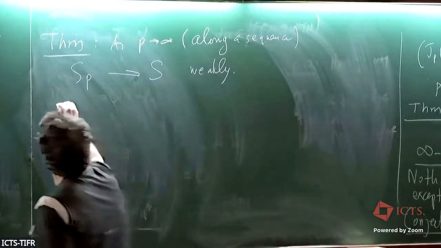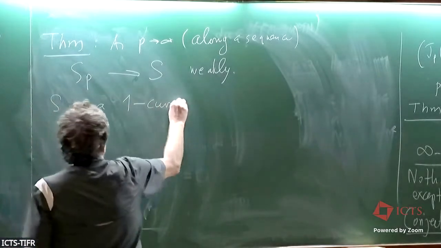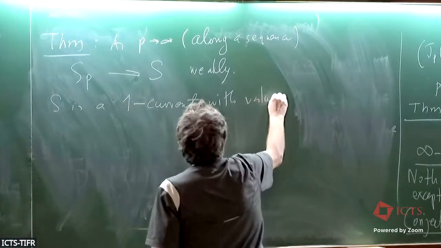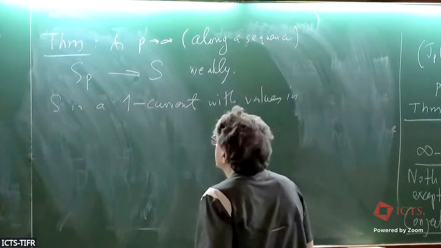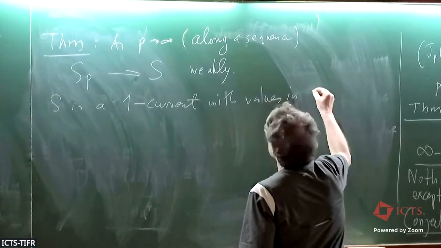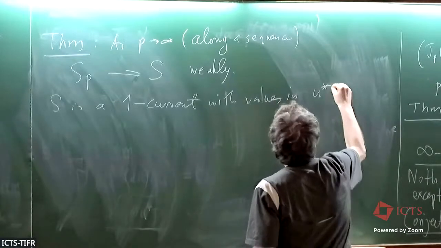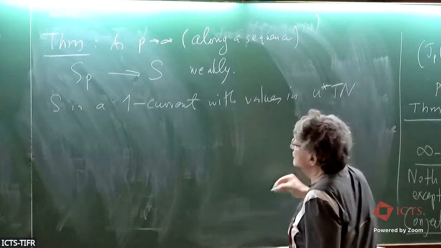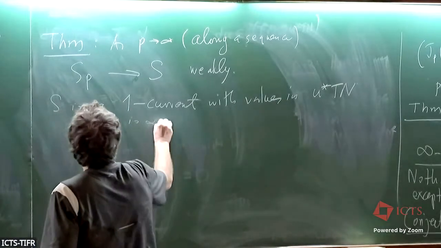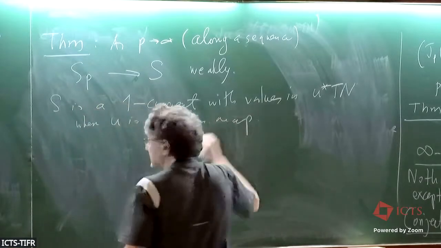S is a one-current with values in u*TN, where u is the best Lipschitz map, the infinity harmonic map.